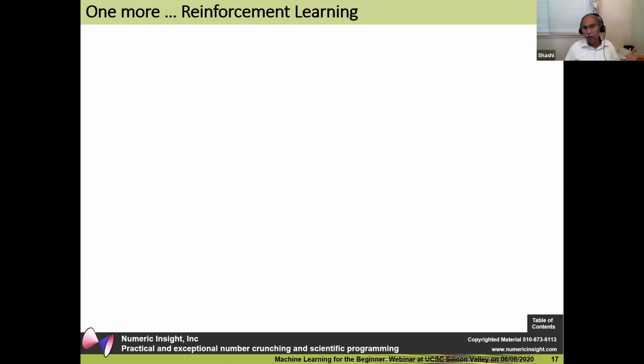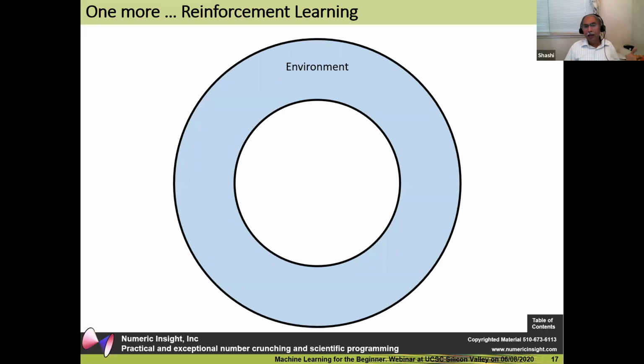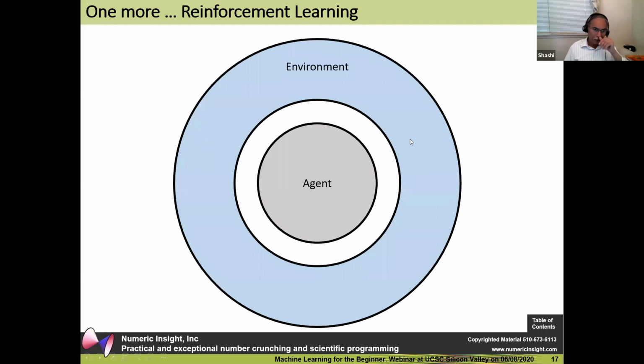But anyway, what is reinforcement learning? Reinforcement learning is all about having an agent within an environment. You have an agent inside an environment, and this agent can sense the environment. It gets some information from the environment, and the agent can try to change the environment.